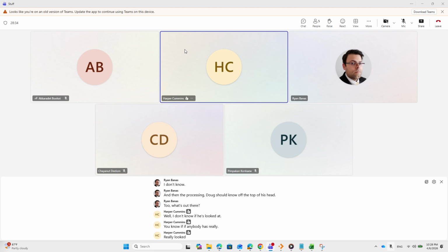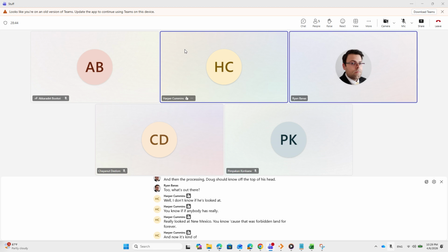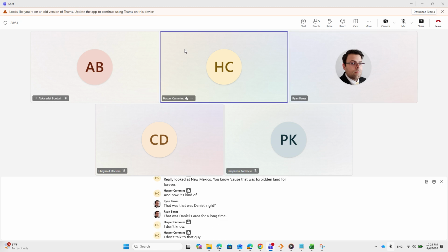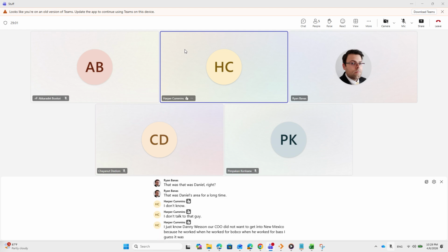looked at New Mexico, because that was forbidden land for forever. And now that it's, that was Daniel's area for a long time. I don't know, I don't talk to that guy. I just know Danny Wesson, our COO, did not want to get into New Mexico because when he worked for Bobco, when he worked for Bass, I guess it was, he hated it.